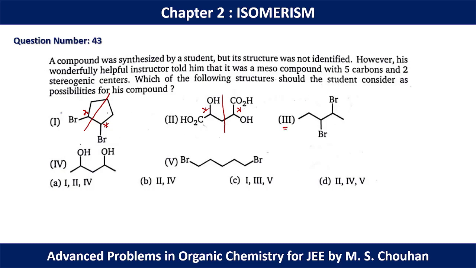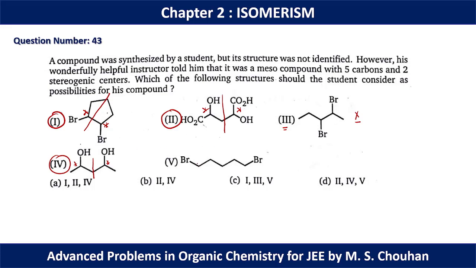In option 3 we can't draw any sigma plane, and a point of symmetry is also not present. That's why it can't be a meso compound. In option 4 again we can draw a plane of symmetry and we have 2 chiral centers, so it can be a meso compound also. So for question number 43 we have molecule 1, molecule 2 and molecule 4.